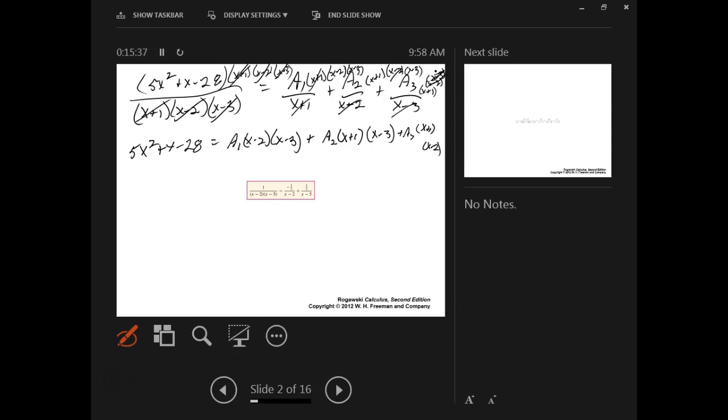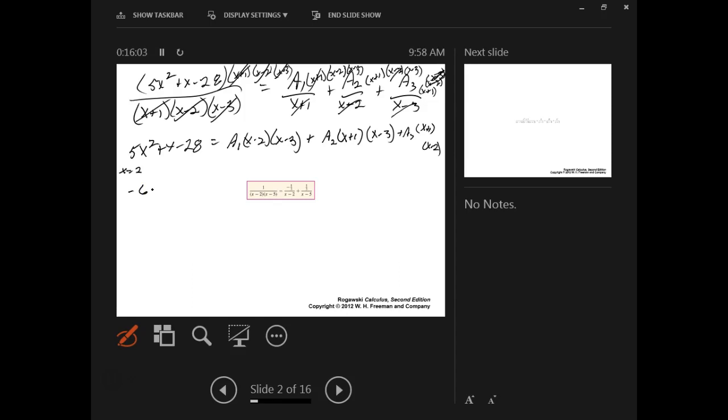Let's go back here. So for x equal 2, we have 5 times 2 squared, which is 4, right? 5 times 4 is 20, plus 2 is 22, minus 28 would be minus 6, right?